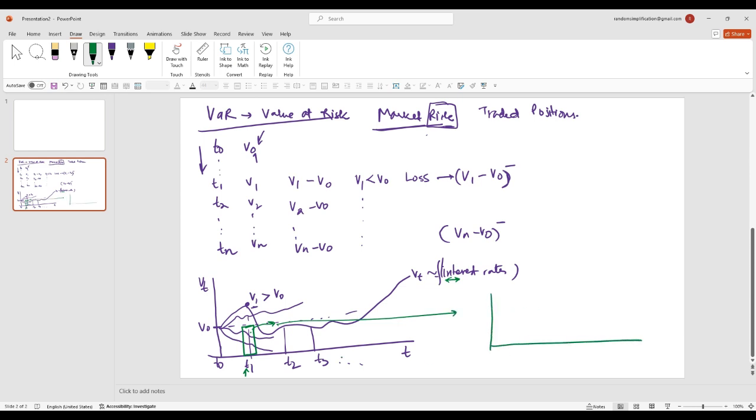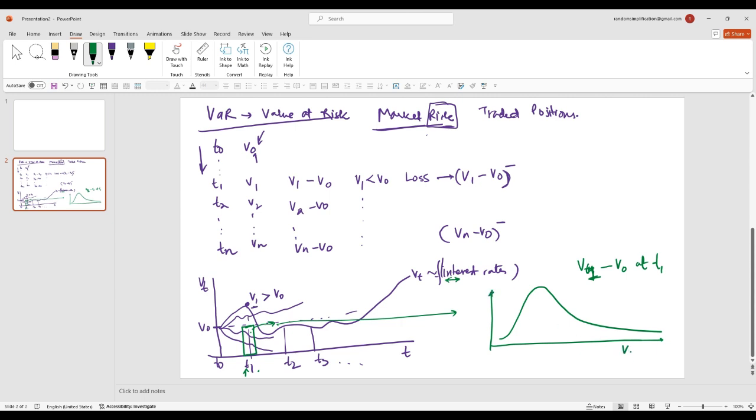So you take a particular slice of time t1. So this entire graph is for Vt1 or V1 minus V0 at T1. So what you will effectively see is that the loss can look like a distribution like this.